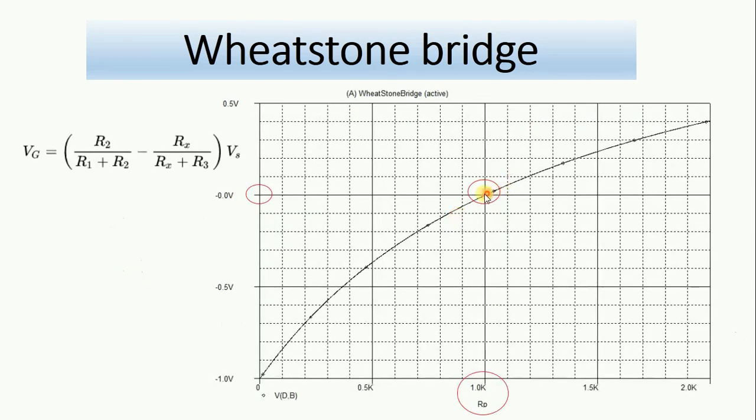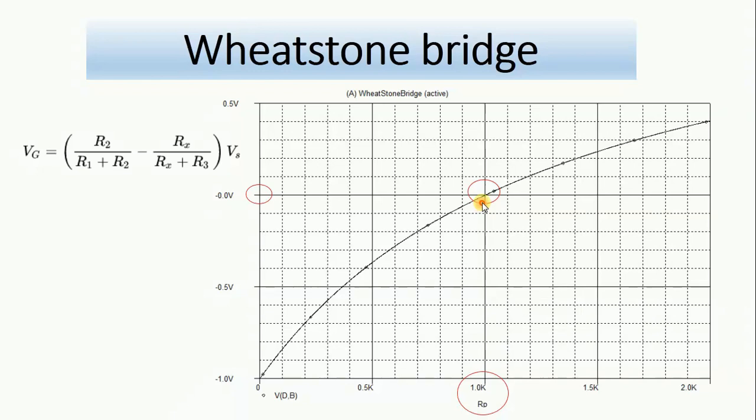Now, if we look at the relation between the voltage difference between the nodes D and B, the Vg, or the voltage measured by the voltmeter, and the changes in Rx, we can see that at the point where we come to the balanced condition, the voltage will be exactly equal to 0.